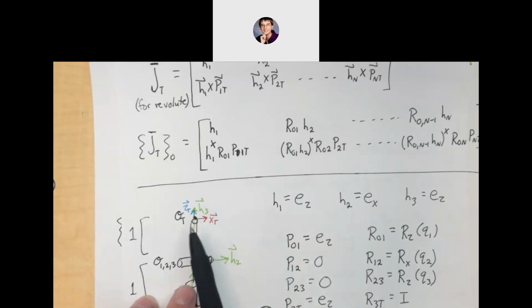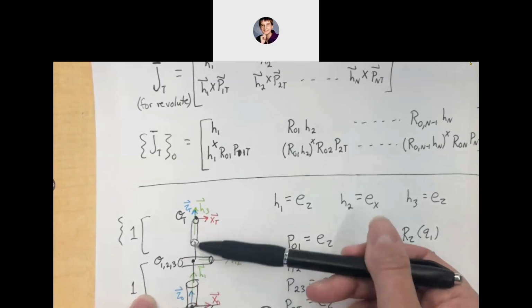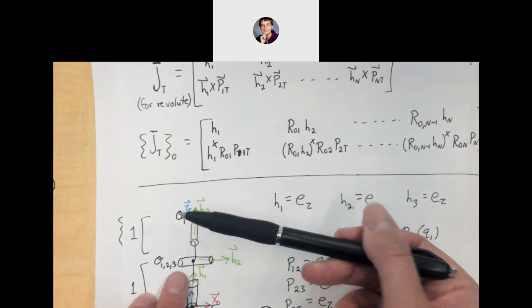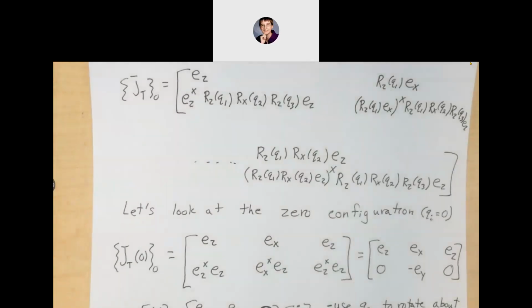And rotating either of these joints, I don't get any translational motion. And if I want to do rotation, I rotate either one of these, I'm rotating around the Z. And if I rotate this axis, I'm getting a little bit of rotation around the X axis.